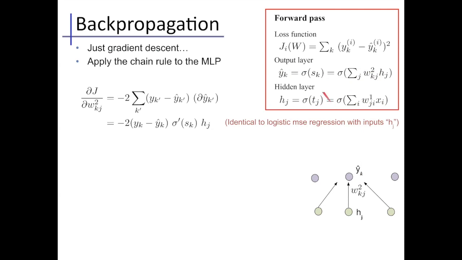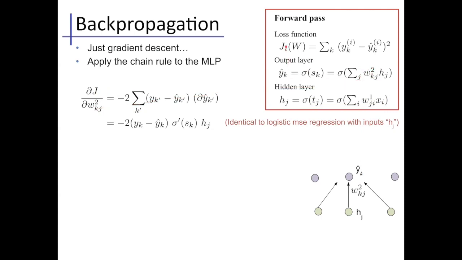Suppose now I want to calculate the gradient of this loss function with respect to these parameters. W2 represents the parameters from the hidden layer to the output layer. W1 represents the parameters from the input layer to the hidden layer. How do I do that? Well, the gradient with respect to W2 is relatively easy.